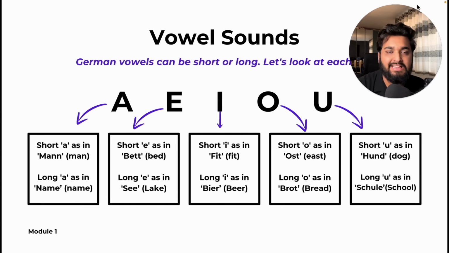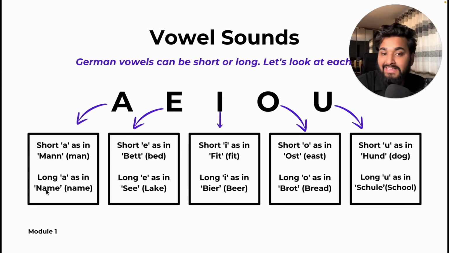So you know in English, we have a total of 5 vowels. These are A, E, I, O, U. In German, it's also the same: A, E, I, O, U. So you can see short A as in Mann. You would just say Mann. Mann means man. But a long A as in Name.